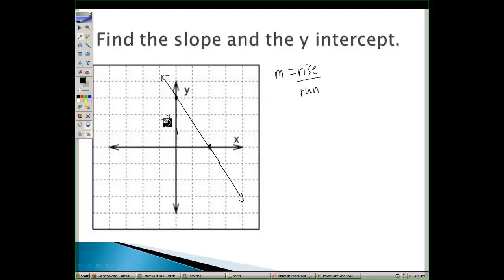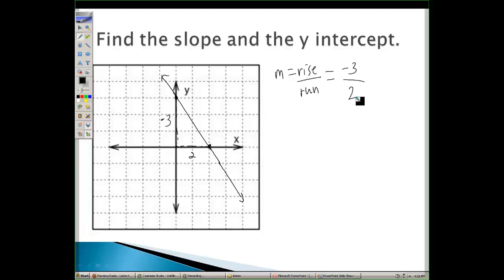I know this distance is a 3, but it's not just any 3, it's a negative 3, because I moved down on the graph. So the rise would be negative 3. From my new position, I'm going to run 2, and I'm running in the positive direction, so I can consider that a positive 2.